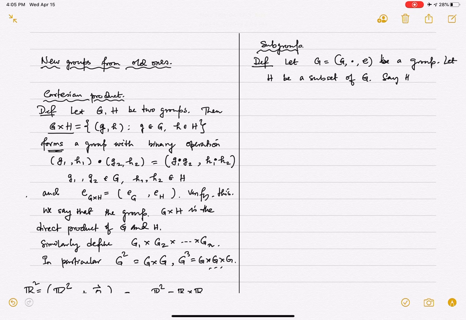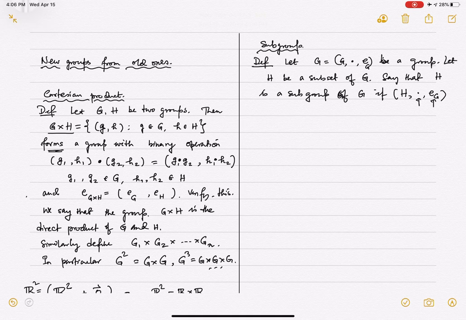Say that H is a subgroup of G if H becomes a group itself with the operation and the identity borrowed from G. So maybe for emphasis, let me call this identity E of G. So this is what I mean here.